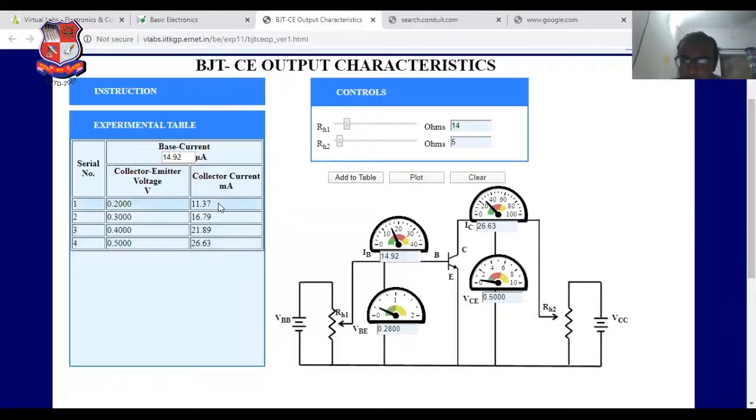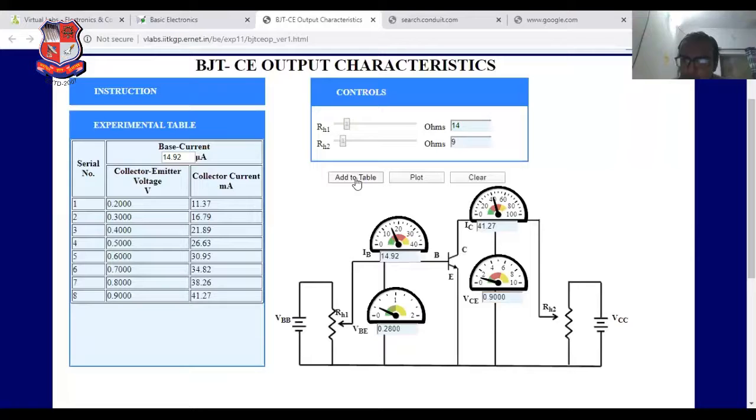See this: 11, 16, 21, 26. Current is linearly increased, a uniform increase. What I am trying to say is, see this, 31 to 41. If you increase the value of resistance, then current is increased.